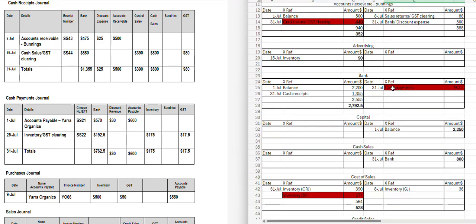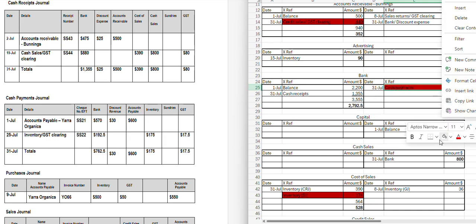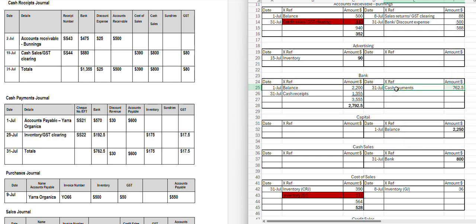It's reducing our bank balance. We've paid money, and when an asset goes down, it's a credit entry. So again, rather than doing a whole bunch of slash entries, accounts payable slash inventory slash GST, our cross-reference is cash payments, and that just signifies that it's made up of all those other items.